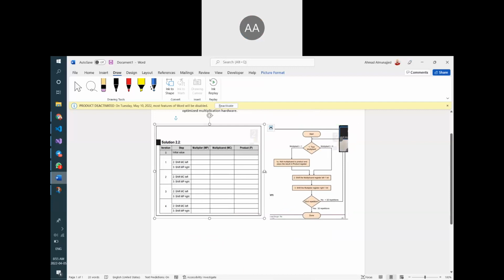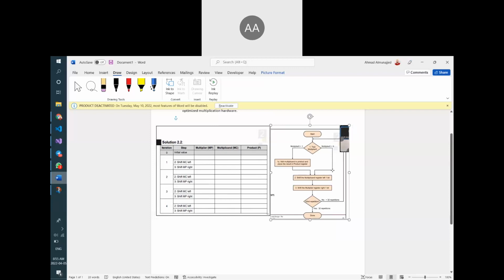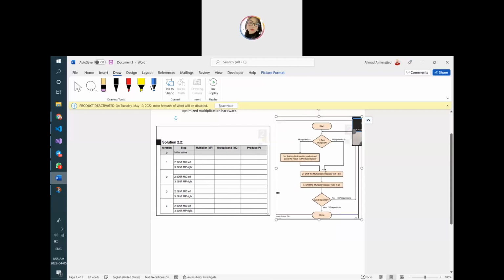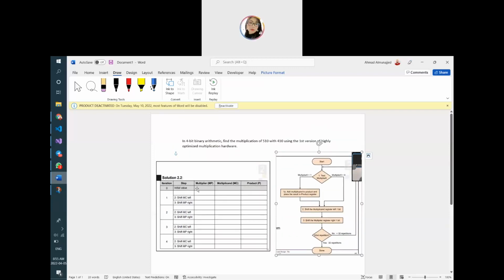Okay, you need to solve the question. All right. So first of all, we have these two values. So multiplier 0 will be 5 base 10, not 510.